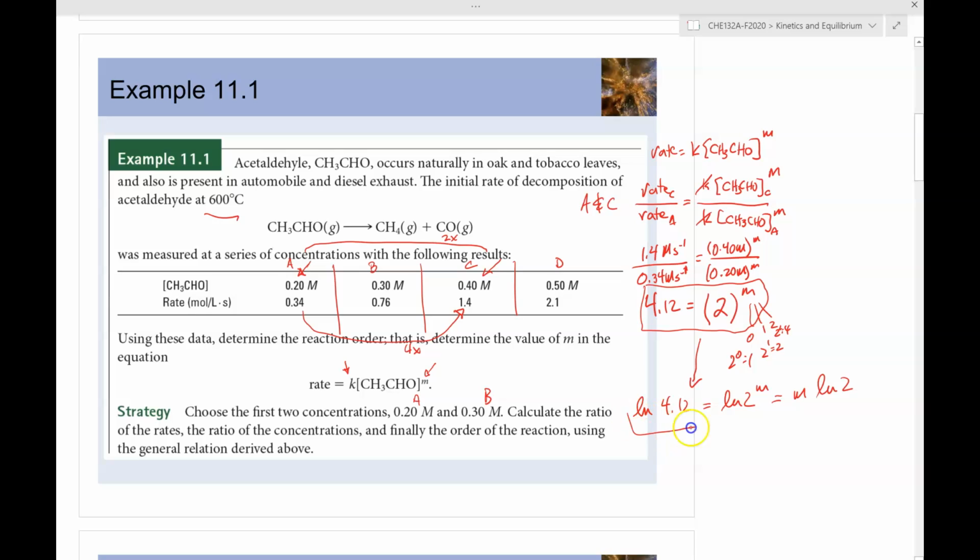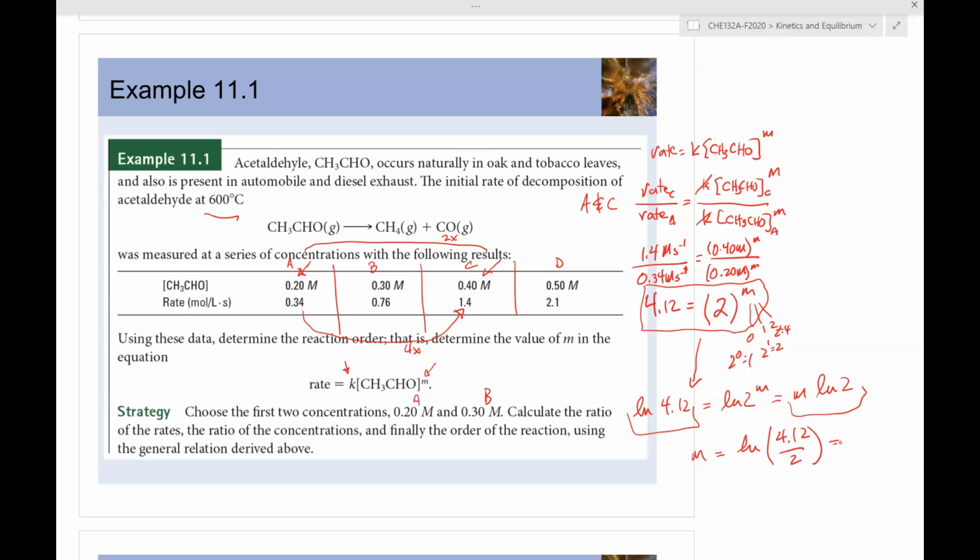So I can take these two and put them together and solve for M. M is going to be equal to ln of 4.12 over 2. So if I take 4.12 and divide it by 2, and then take the ln of that answer, I get a different answer.